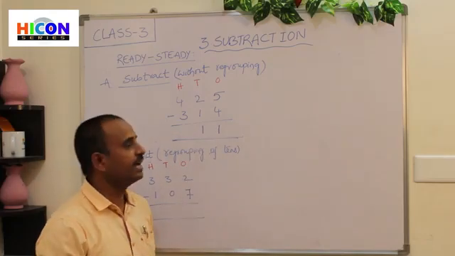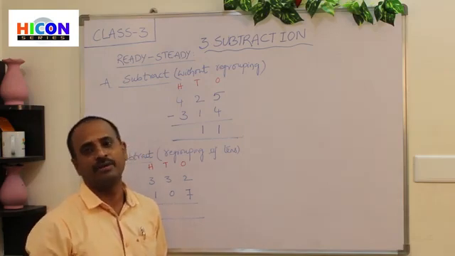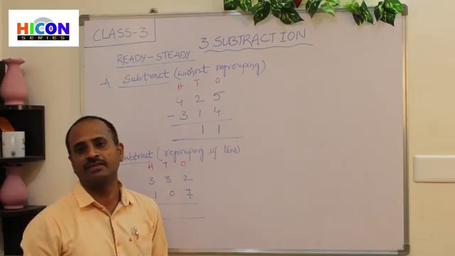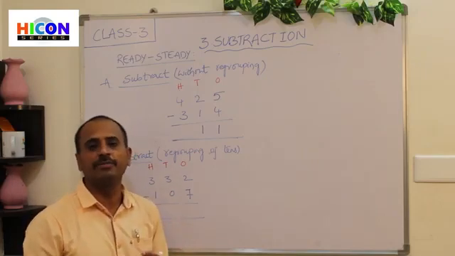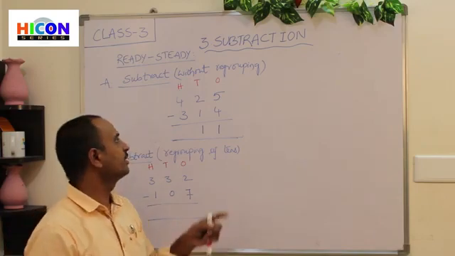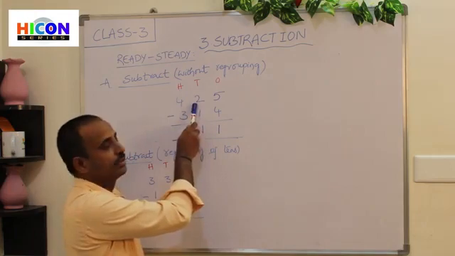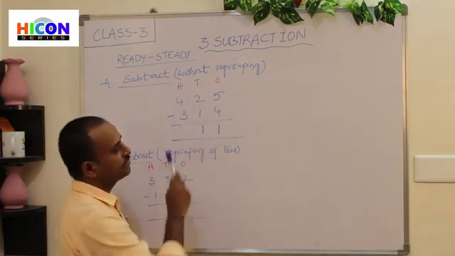In subtraction facts, if 1 is subtracted from any number, we get its before number. Here we have subtracted 1 from the number 2. What is the before number for 2? That is 1. So the answer is 1.